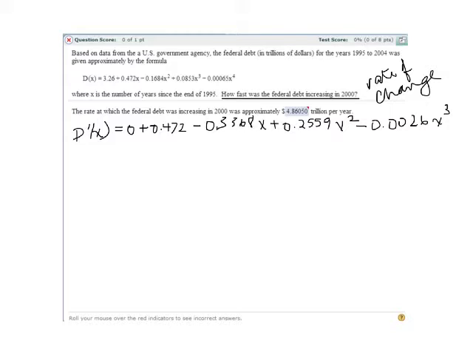Right, so let me just double check my coefficients here. 0.1684 times 2 is 0.3368. All right, excellent. Okay, so that's our derivative.